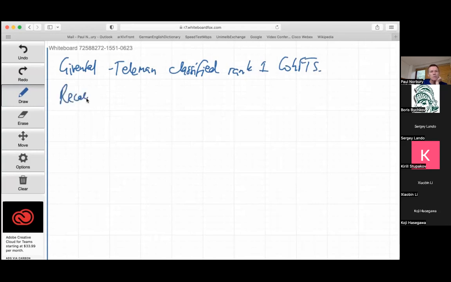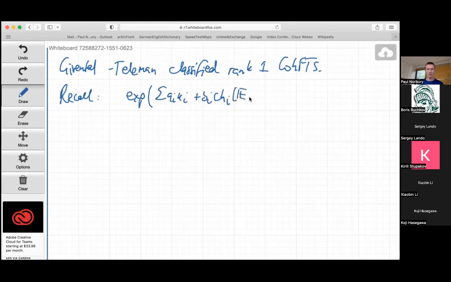recall that we showed that the exponential of a linear combination of kappa classes is a cohomological field theory, and also the exponential of a linear combination of the degree i Chern character of this bundle that I called E_{g,n} as well, but I call it E_g, so it's starting to look less like the bundle we've introduced today, is a cohomological field theory.